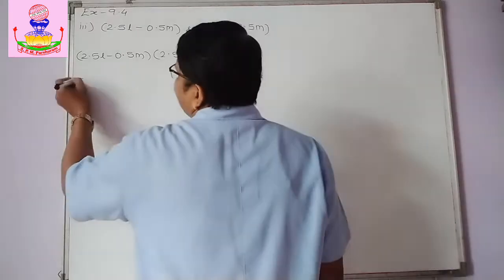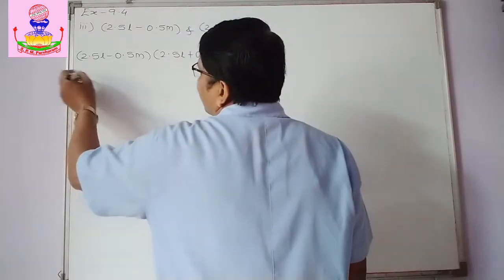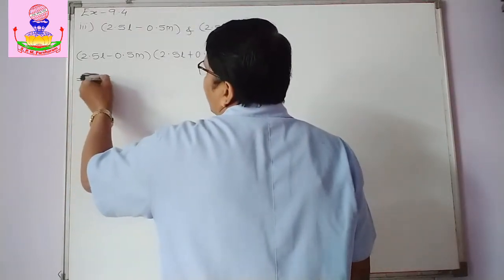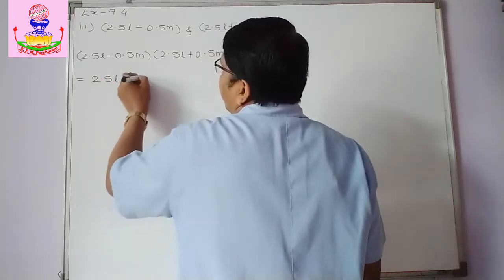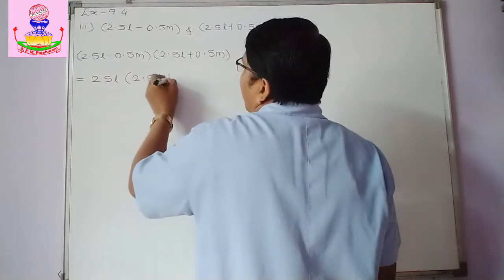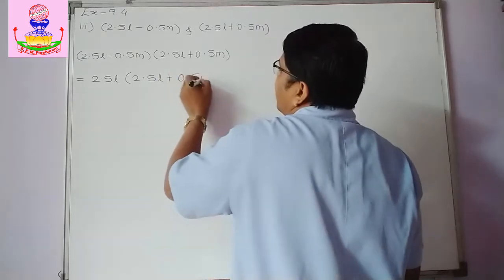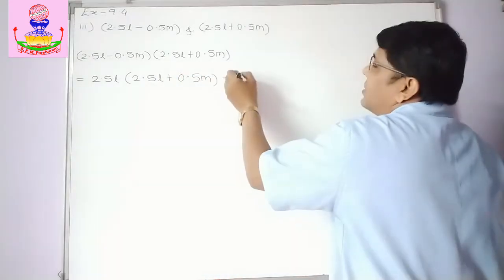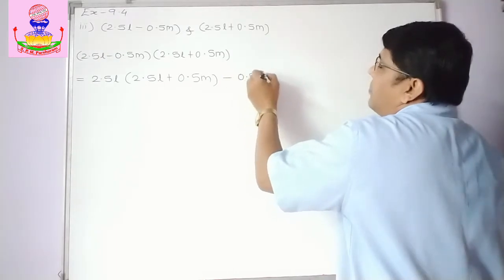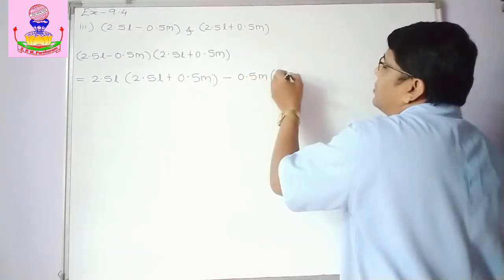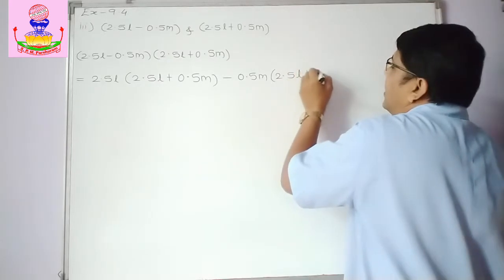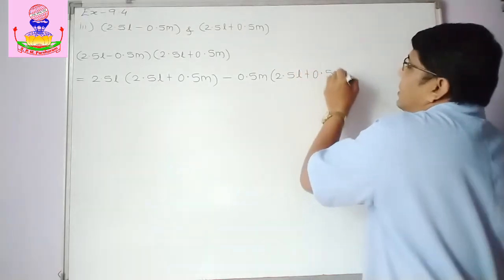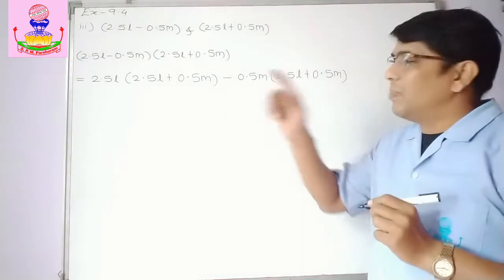Okay, so simple thing. Open the brackets of first binomial. So 2.5L multiplied by 2.5L plus 0.5M, okay, minus 0.5M multiplied by 2.5L plus 0.5M.